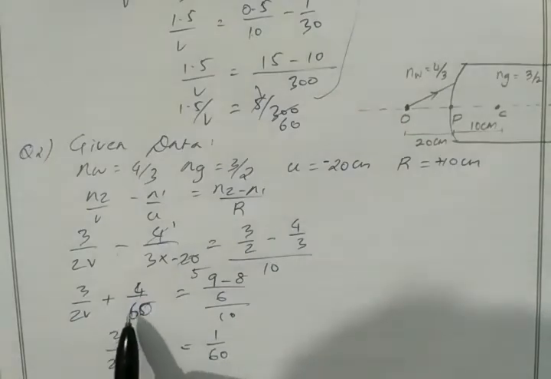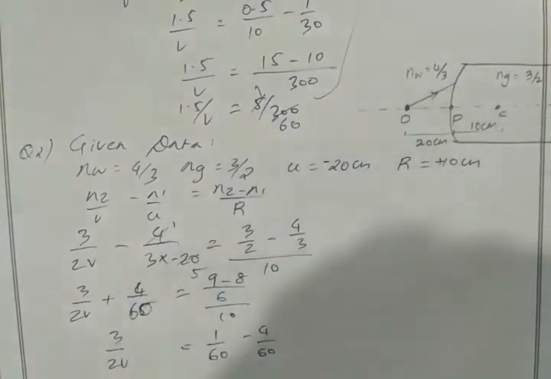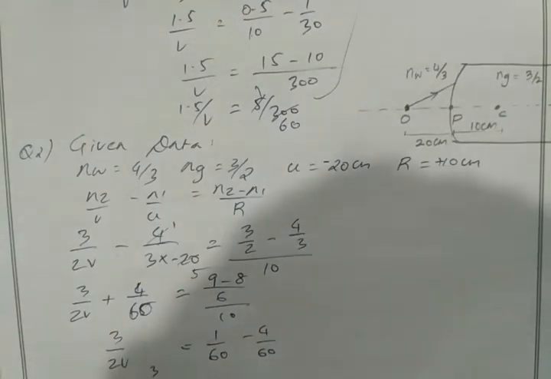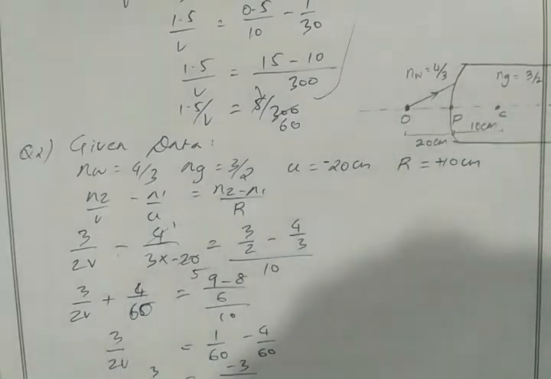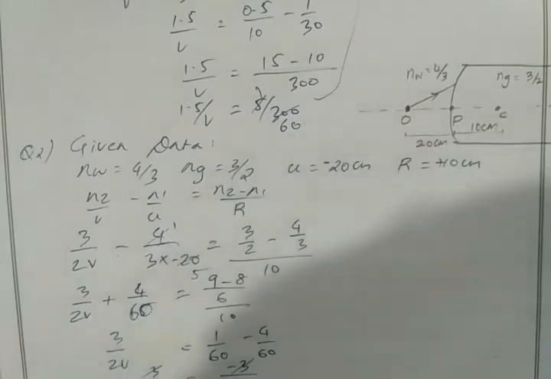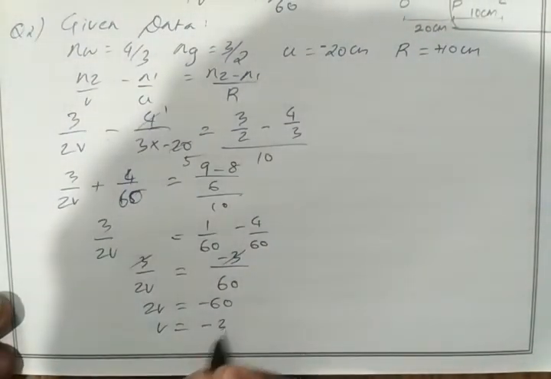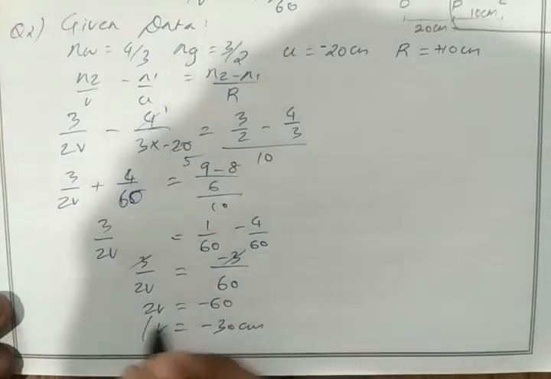Then this plus 4 by 60 comes to RHS, we have minus 4 by 60, so 3 by 2v equal to, take 60, 1 minus 4 will be minus 3. So 3 and 3 get cancelled, then we have 2v equal to minus 60, v equal to minus 30 centimeter.